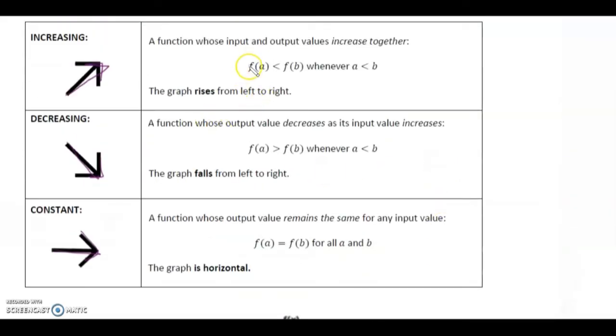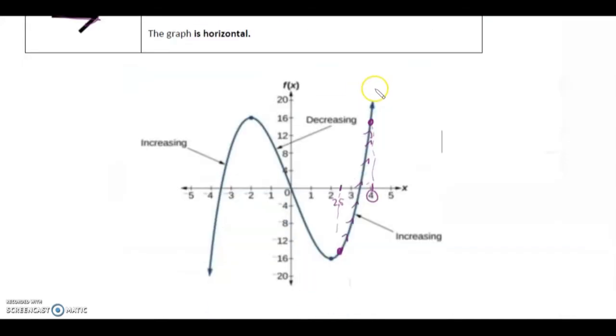The function at A is less than the function at B whenever A is less than B. So 2.5 would be A, 4 would be B, and we would be rising to the right because this point here in the function is obviously lower than this point here in the function. So that means it's increasing.